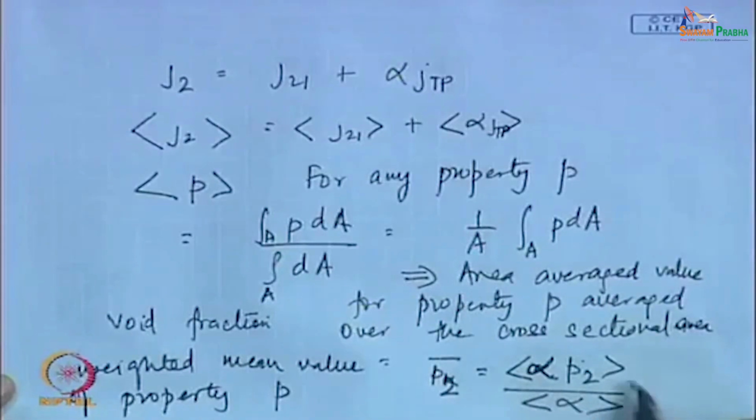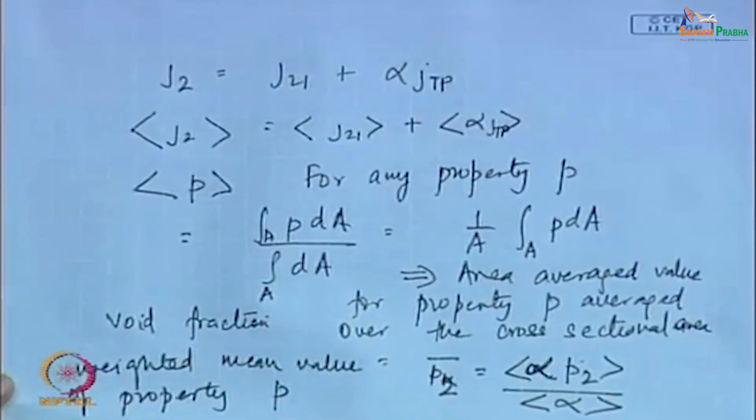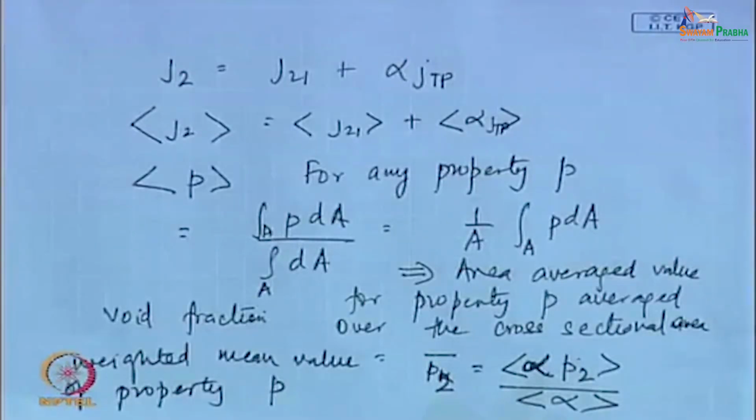But the weighted mean value, this is also pretty straightforward. It is just the weighted mean value which gives you the total distribution divided by the void fraction or divided by the area over which it is distributed. For P2, it is alpha P2 by alpha. If it would have been P1, it is 1 minus alpha P1 by alpha.